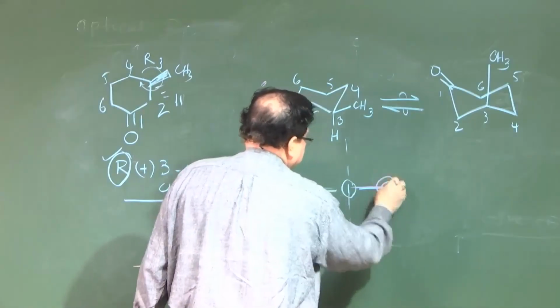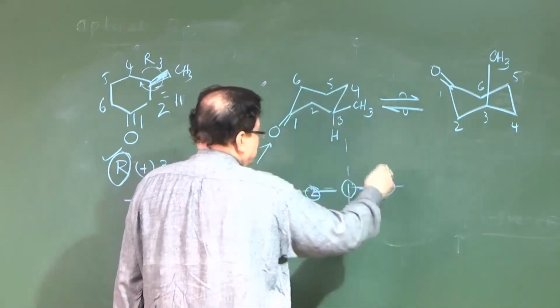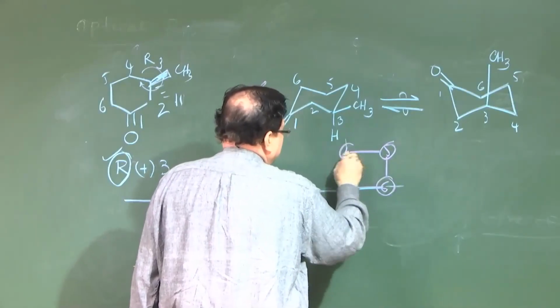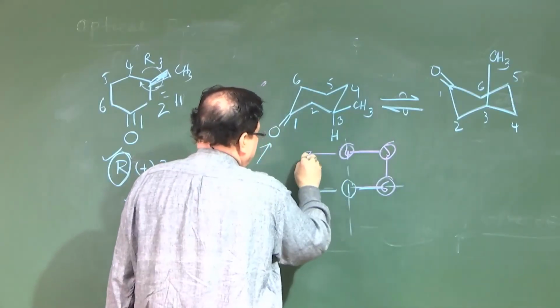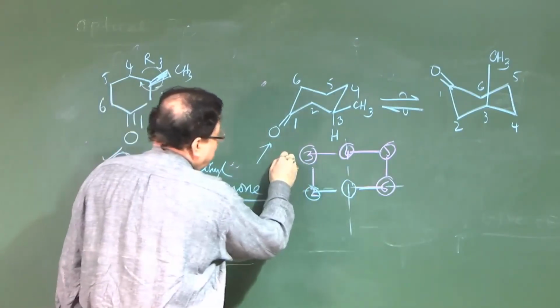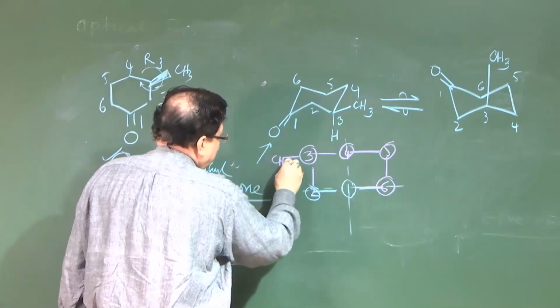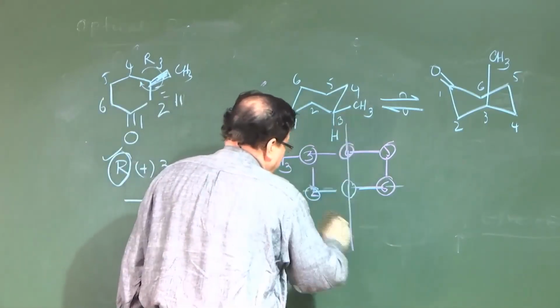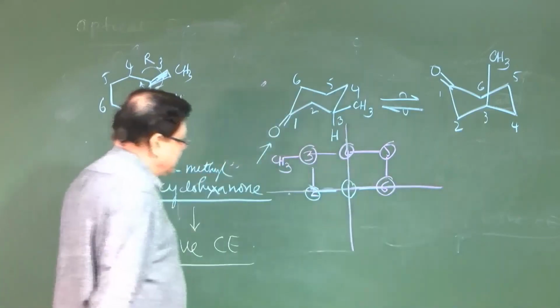Right side will be 6. Okay. And then you complete it. This is 5, this is 4, this is 3, and now you have an equatorial methyl. Equatorial means it goes to the right and left side. So, this is your octant projection.